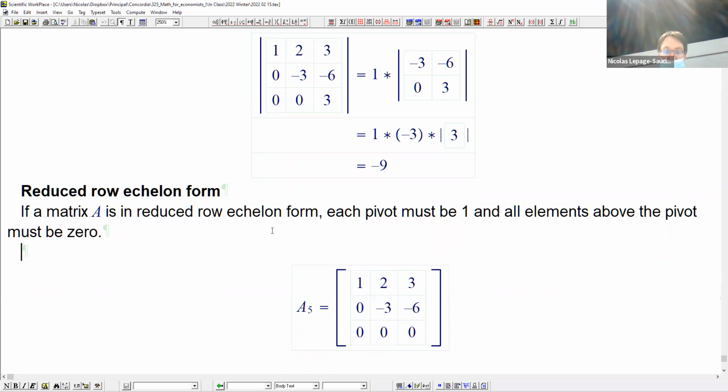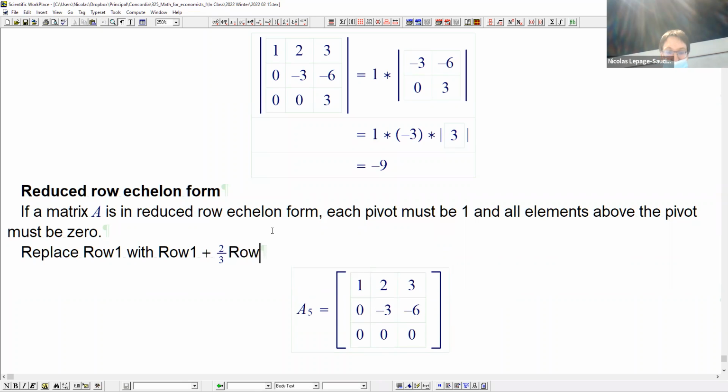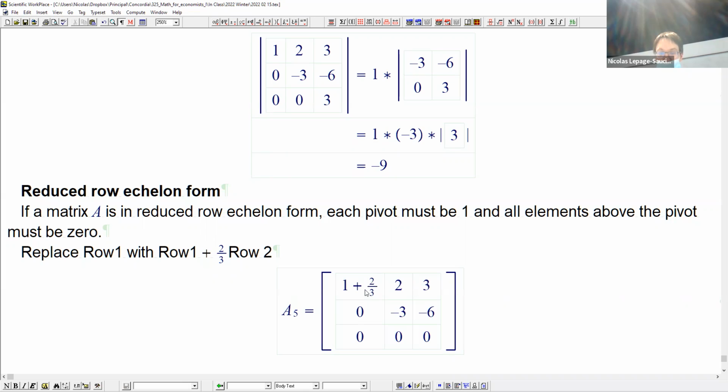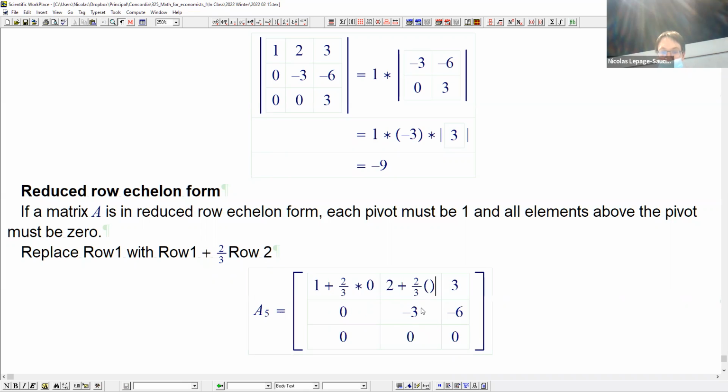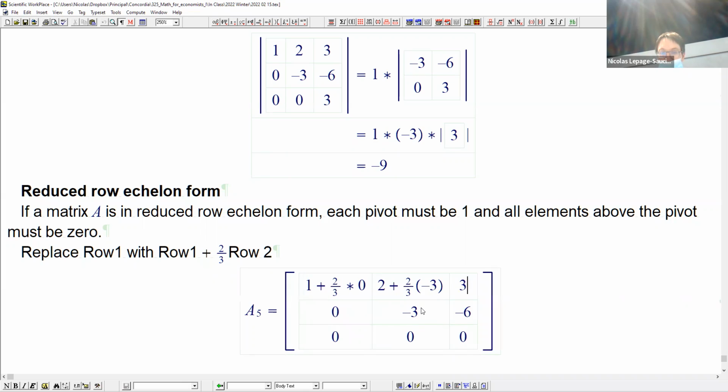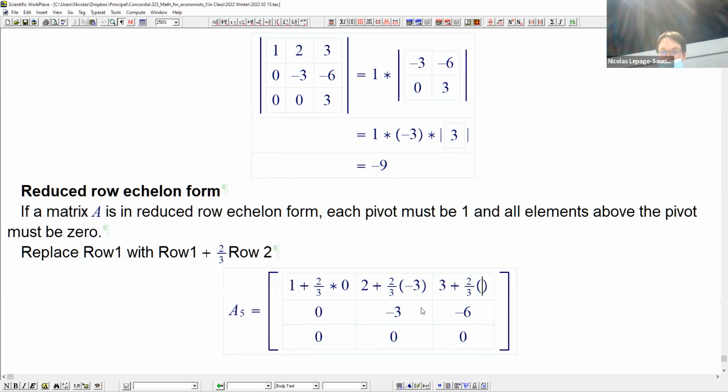So I'm going to replace, plus 2 terms. So here I'm going to get plus 2 thirds times 0, plus 2 thirds times minus 3, and plus 2 thirds times minus 6.